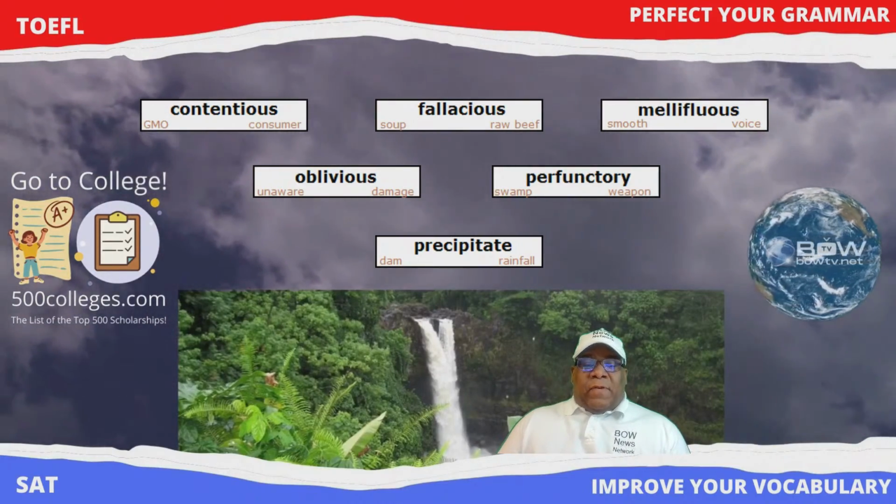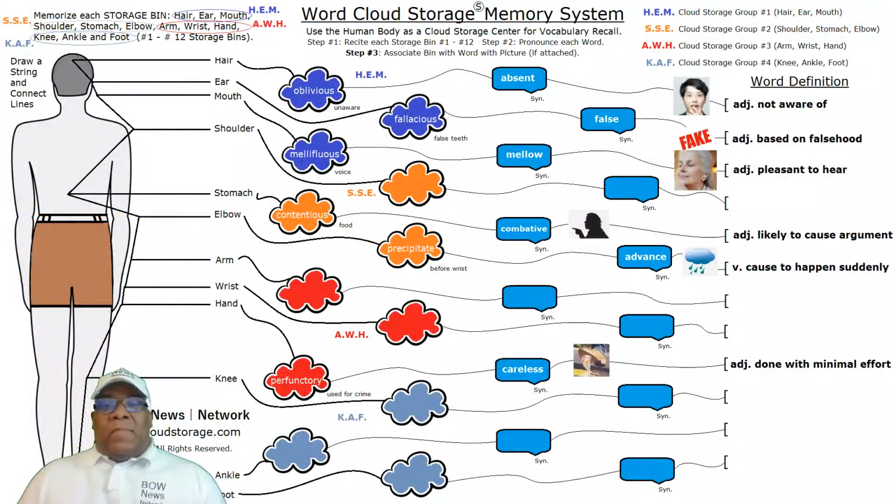And if you recall from our word cloud storage memory system, we actually look at 12 storage bins. Now we're only going to be covering 6 words in this course so that we can focus more thoroughly on 6 of the more difficult words, and we'll continue to do so for quite a bit.